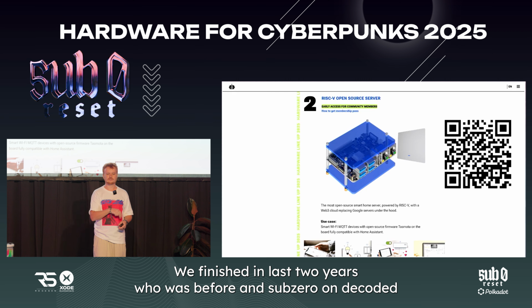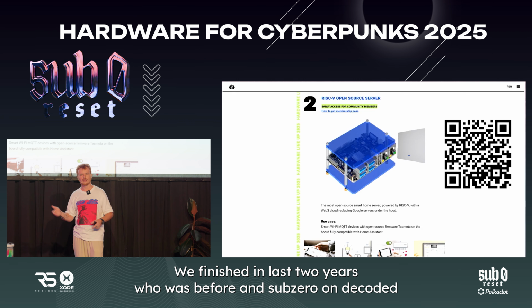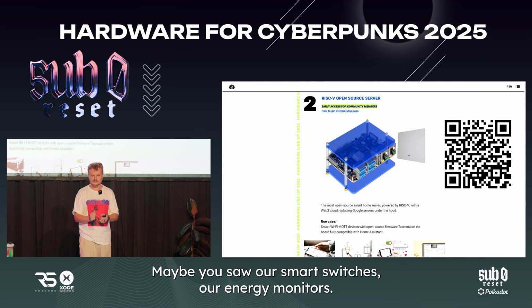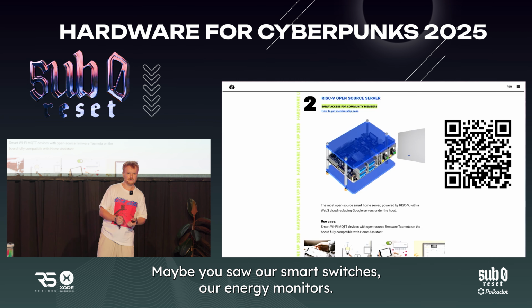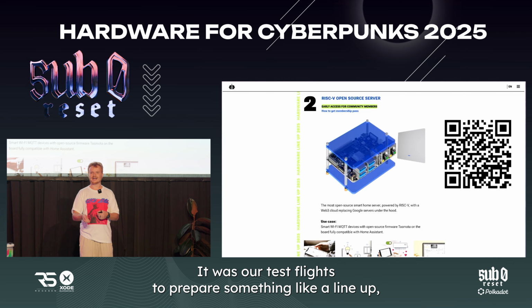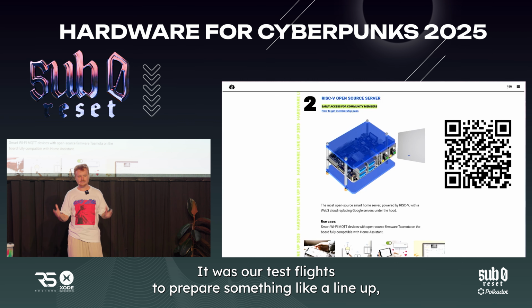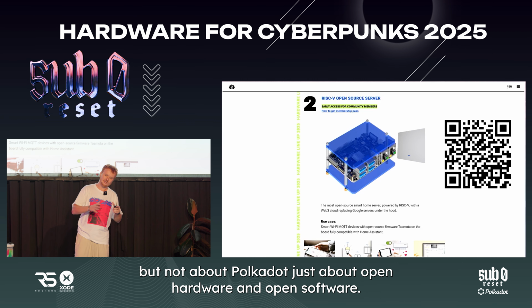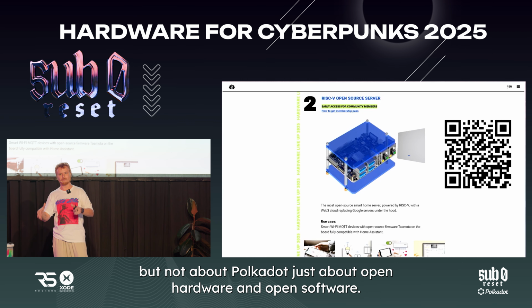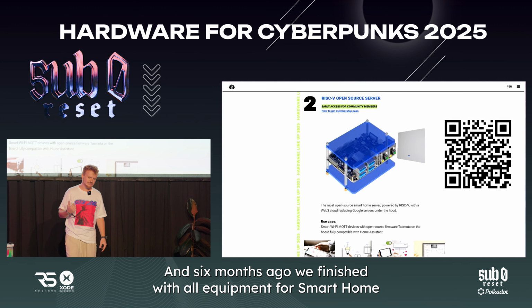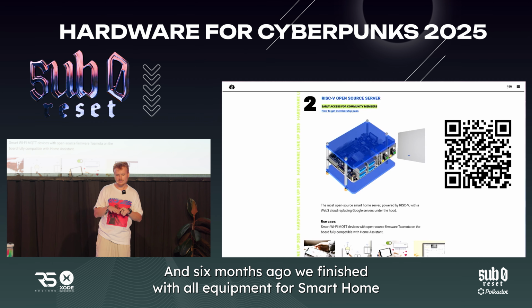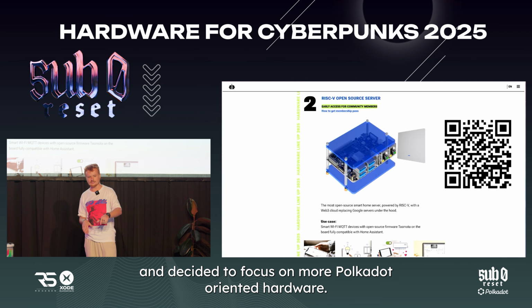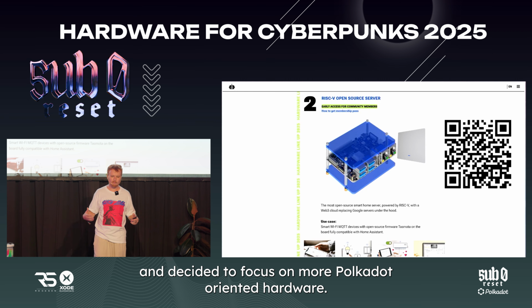We finished this in the last 2 years, if you were before at Sub-Zero or Decoded, maybe you saw our smart switches and energy monitors. They were our test flights to prepare something like a lineup, but not about Polkadot, just about open hardware and open software. And 6 months ago we finished our equipment for smart home and decided to focus on more Polkadot-oriented hardware.